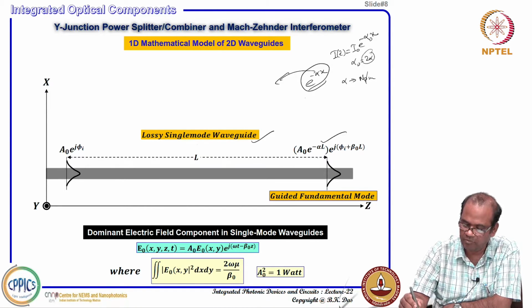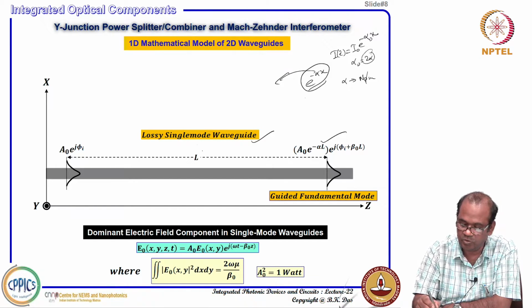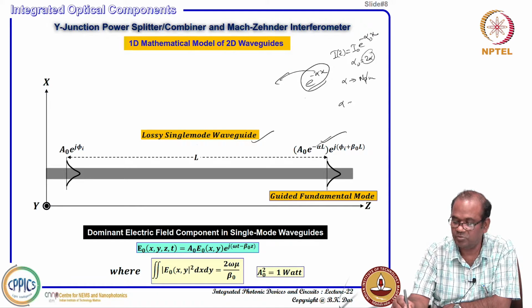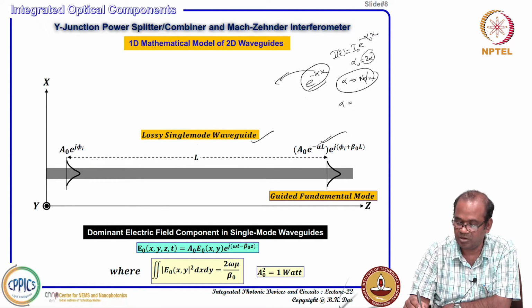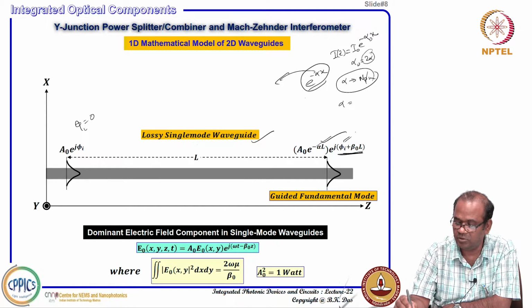So, whenever we are representing that the field is exponentially decaying because of the loss, this alpha has dimension of Nepers per meter. Accordingly the amplitude will be dropped, along with that you will have the initial phase. Always you can set the initial phase equal to 0, if phi equal to 0 here, then it will be A naught e to the power minus alpha L e to the power j beta naught L, that is it.